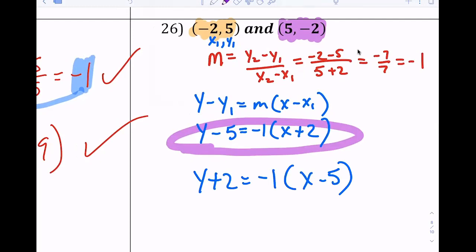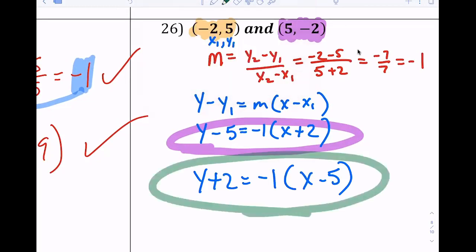That would be the other answer. Now, I always try to tell kids, they don't look like the same. But guess what? They are the same. I'm not going to take time to show you today that they're the same, but eventually we'll get to that position where I'll show you, and you go, okay, I see it now. It's not easy to see. So right now you just have to trust me on that.